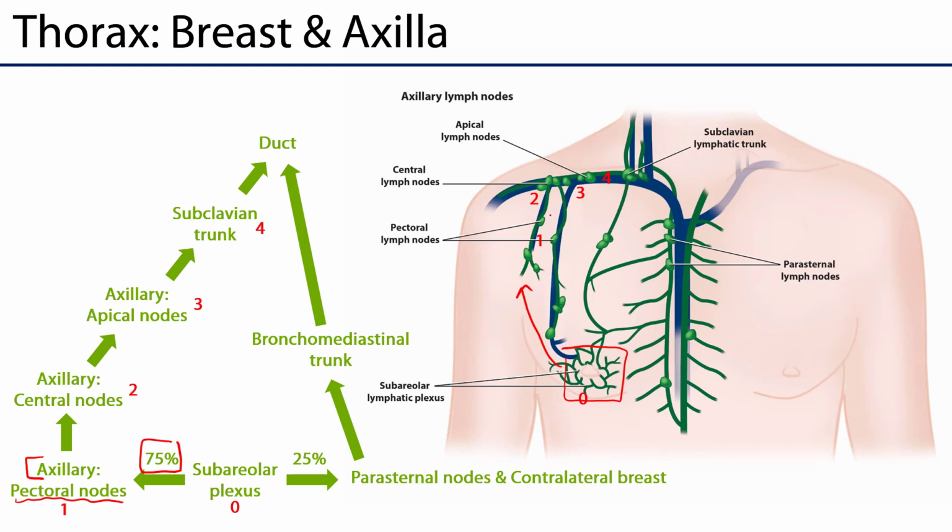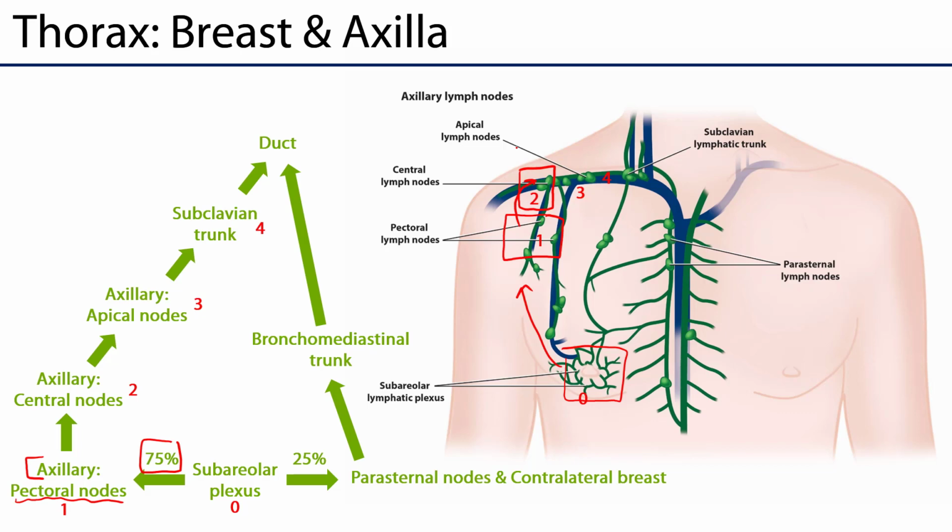So here we can see the pectoral lymph nodes. These are in association with pectoralis major, in between pec major and pec minor in some parts. And from these pectoral lymph nodes, lymph is going to travel to the central lymph nodes. The central lymph nodes are going to be along the axillary vein.